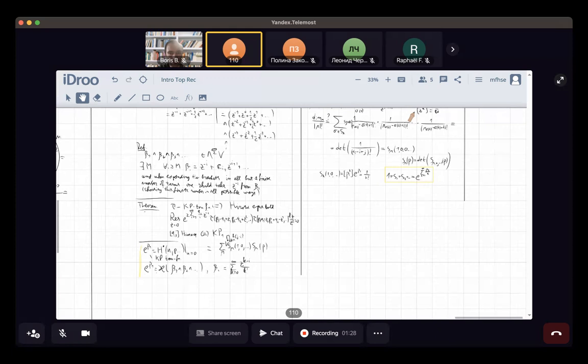Do you remember our definition of what the tau function of KP was? It's a function of p1, p2, and so on, such that under the boson-fermion correspondence, it becomes decomposable in the fermionic space. Okay?